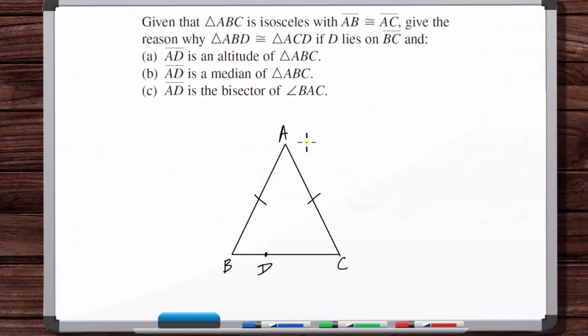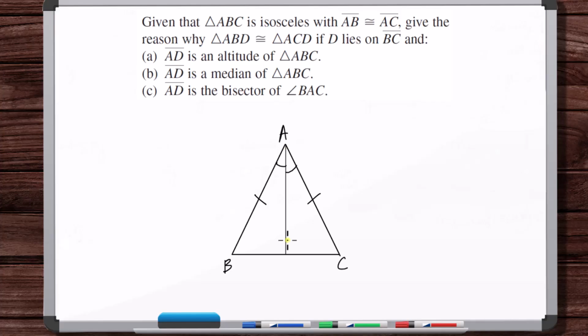We've talked about this. We saw a theorem that stated that if you have an isosceles triangle and you add an auxiliary line, an angle bisector coming from the vertex angle of the isosceles triangle going down to the opposite side, okay, so this is an angle bisector.